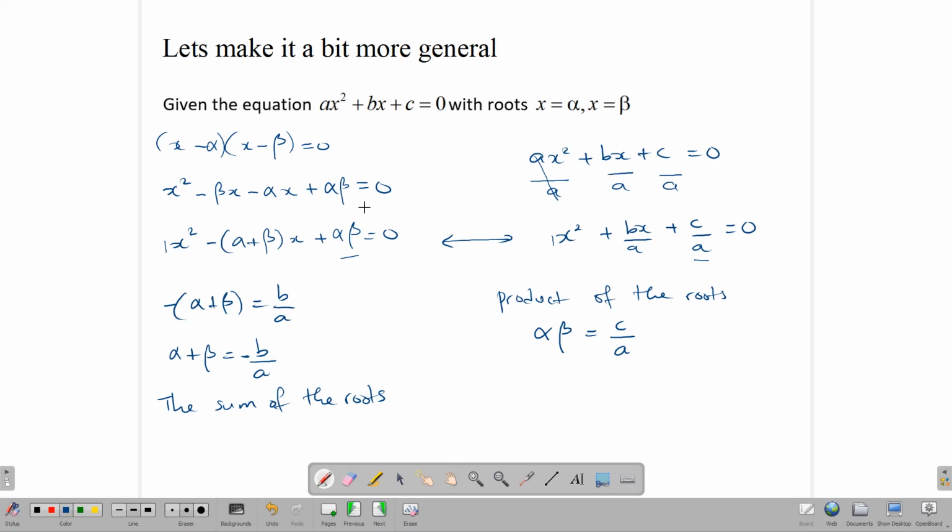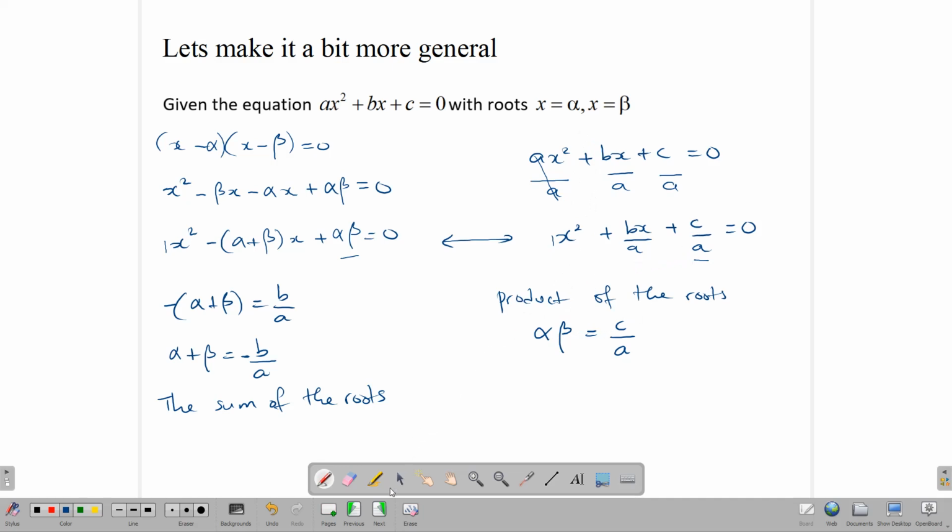What we're saying is that in any quadratic equation, once it has real roots, the sum of the roots, alpha plus beta, is equal to minus b over a, and the product of the roots, alpha times beta, is equal to c over a.